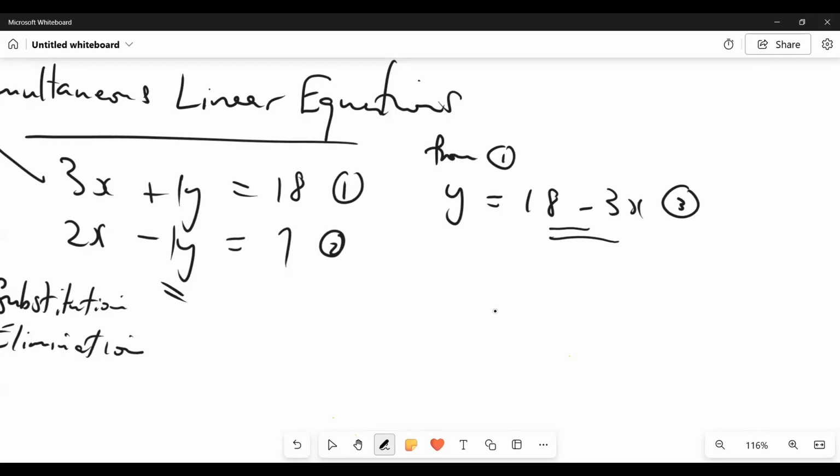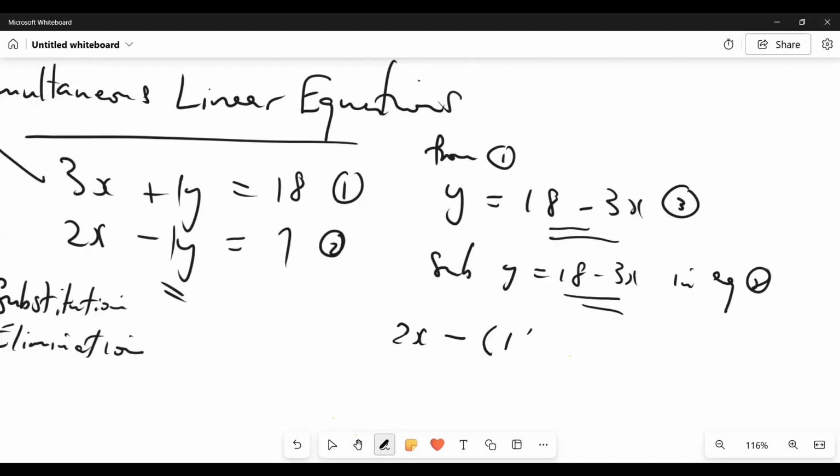We can substitute y equals 18 minus 3x in equation 2, and look at what happens. You end up with 2x minus, well, y is this now, 18 minus 3x, equal to 7. And what do we have here? That's a simple equation, right? That we were learning how to solve all the time. I'm not going to solve it, right?